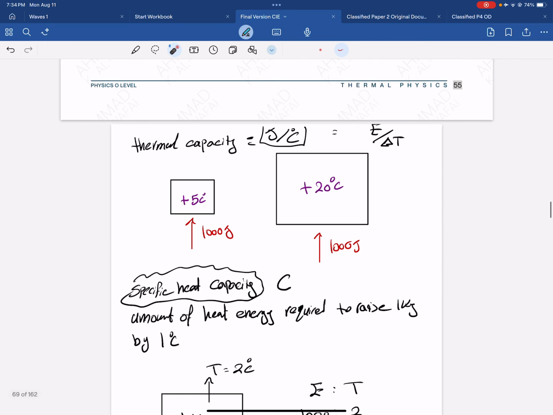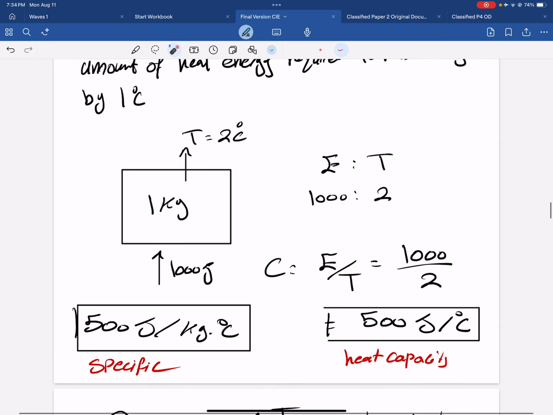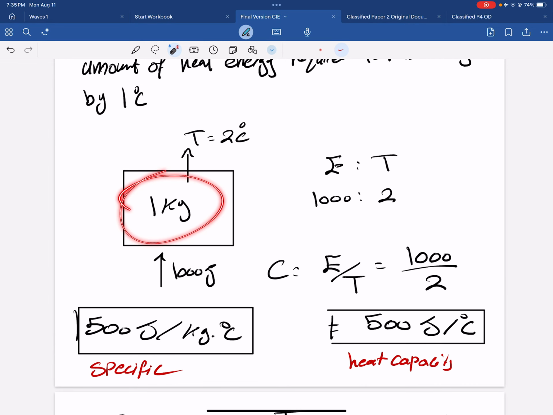If you look at this example, I have here 1 kilogram of material. I supplied 1000 joules with a change of 2 degrees Celsius. So what happened here? Now we can calculate the heat capacity of this object. It required 1000 joules to get changed by 2 degrees Celsius.